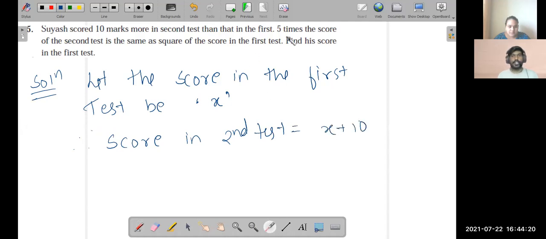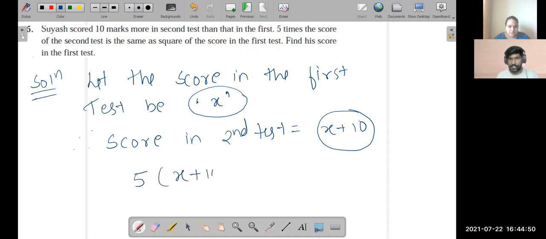Okay, the next condition is given. The first test score is X, and the second test score is X plus 10. Now read this condition: 5 times the score of the second test is the same as the square of the score in the first test. 5 times means 5 multiplied by the marks in the second test, that means 5 into X plus 10.